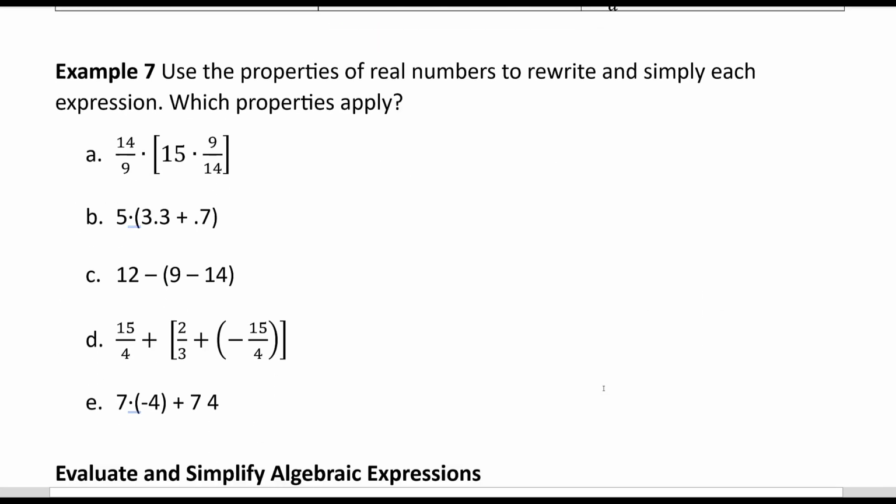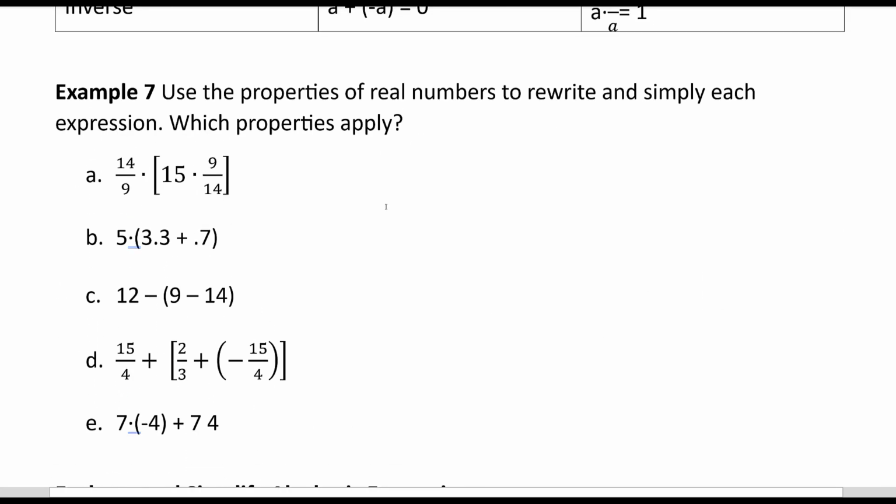So now we're going to do example 7, use properties of real numbers to rewrite and simplify each expression. So this would be easier to do if I could say, okay, if I reassociated this and said 15 times 14 over 9 times 9 over 14, because then this would divide out and this would divide out, and I just have 15.